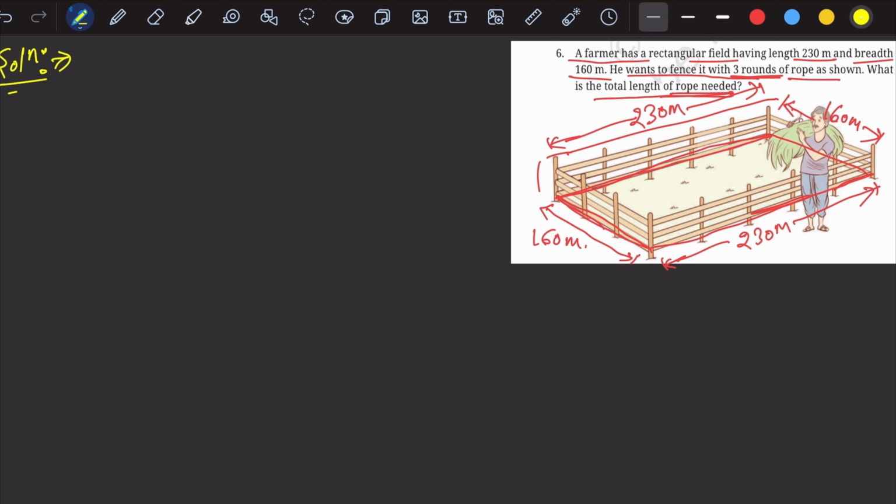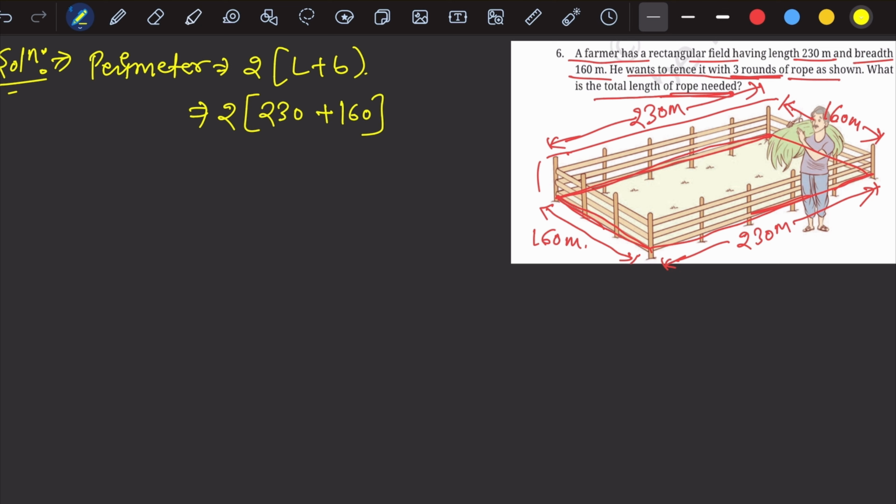First we need to find the perimeter. Perimeter will be 2 into (L plus B). So what is the value of the perimeter? 2 into, what is the value of L? 230 meter. And what is the value of B? 160 meter.